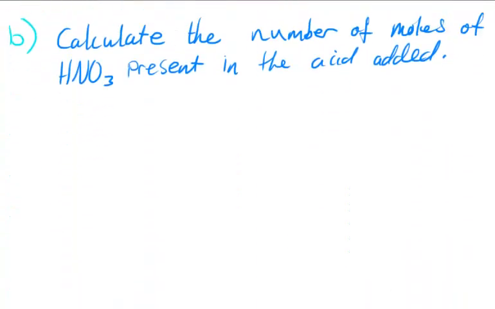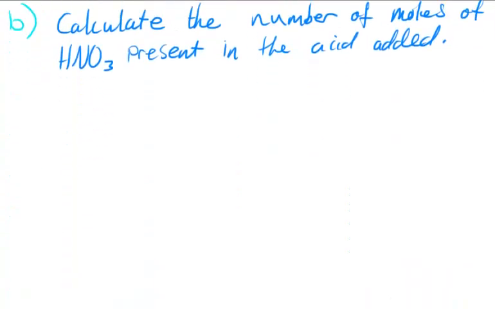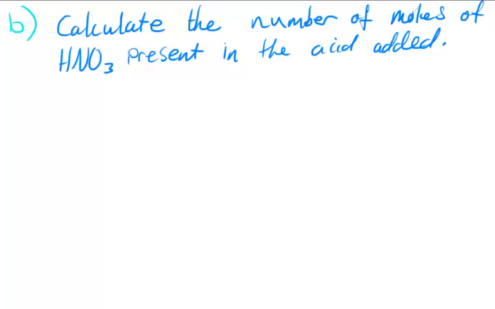And if you remember, the equation for working out a number of moles from a concentration and volume is number of moles, n, equals concentration multiplied by the volume. And if the volume is given in centimeters cubed, then we divide this by 1000, and it is given in centimeters cubed, so we do divide it by 1000.